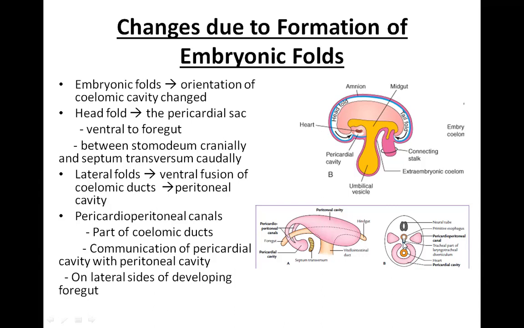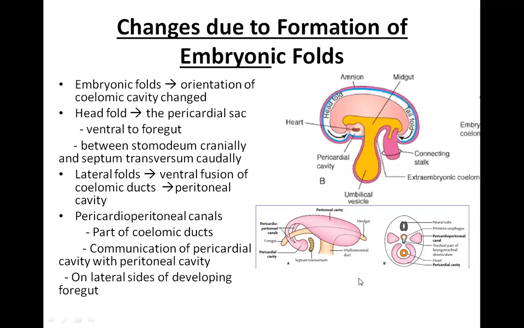Excuse me, the tracheal part of the laryngotracheal diverticulum will be forming. So it is giving rise to the lung bud over here, which will form the lungs, which will invaginate into these pericardio-peritoneal canals.